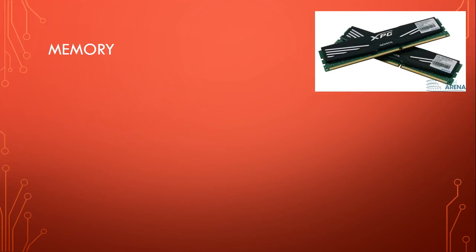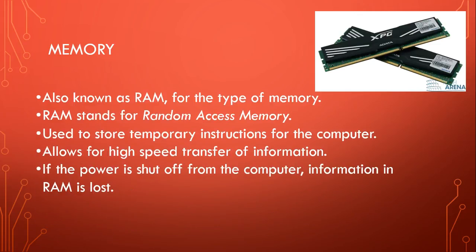All right, next up is memory, and we have two example sticks of memory right there. Memory, also known as RAM, is called that for the type of memory. There are other types, but we're going to stick with RAM for this lesson. RAM stands for random access memory. This is used to store temporary instructions for the computer. One of the advantages of RAM is that it allows for high-speed transfer of information.